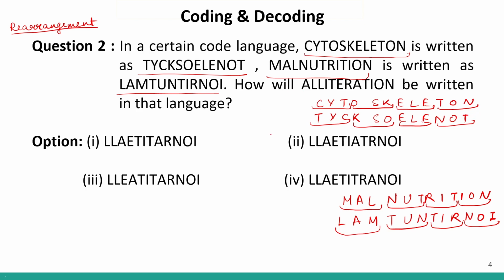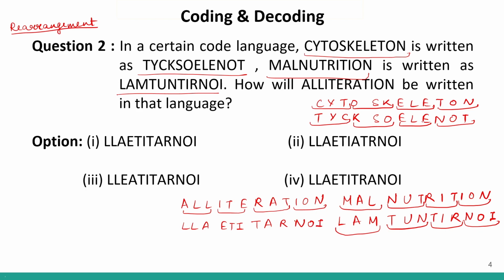So we will do the same thing for ALLITERATION. This is right. We will first divide them into groups of 3. So ALL, ITE, RAT, and ION. Now we will reverse the order. So it will be LLA, ETI, TAR, and NOI.